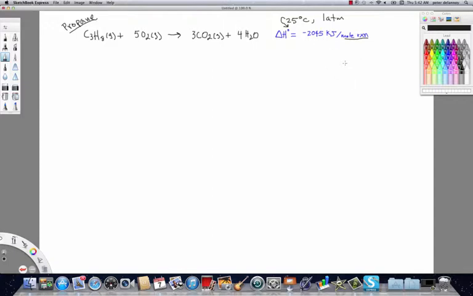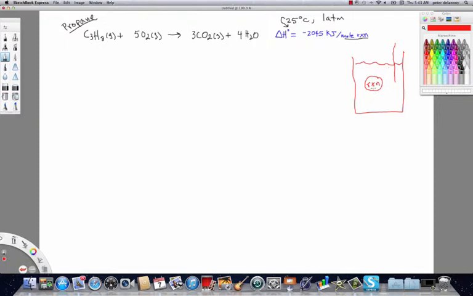Now, what does it mean that the energy is going to be released? If we were to carry this reaction out in a calorimeter, so we have a coffee cup, it's got some water in it, we have a thermometer, and we were to carry out this chemical reaction between the propane and the oxygen, we would see a temperature increase occur in the calorimeter.